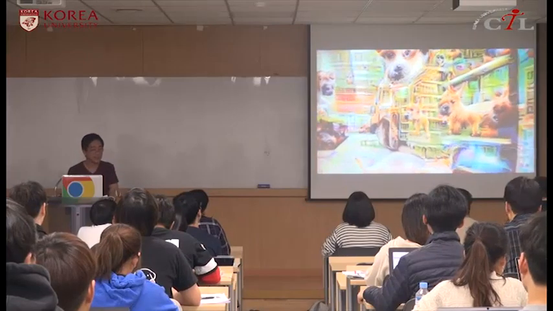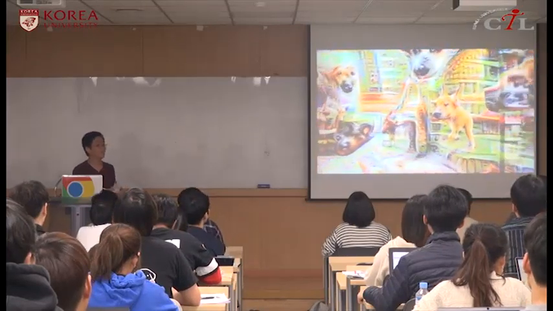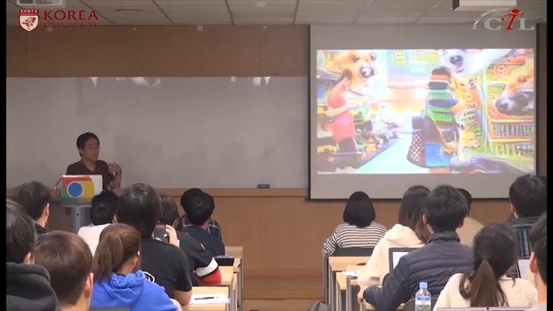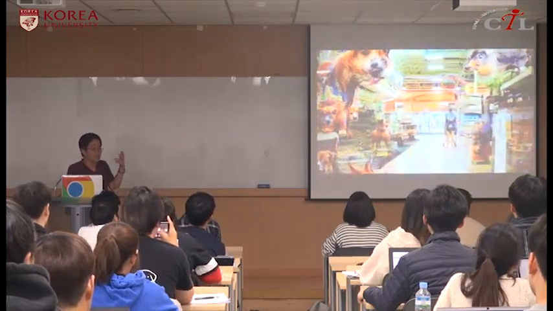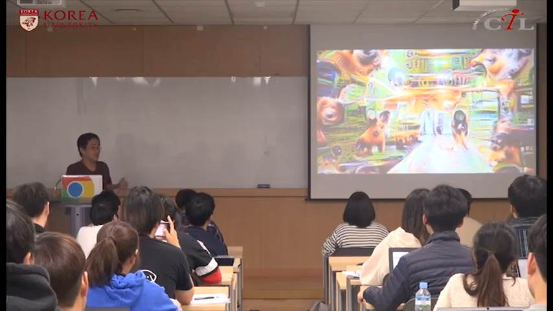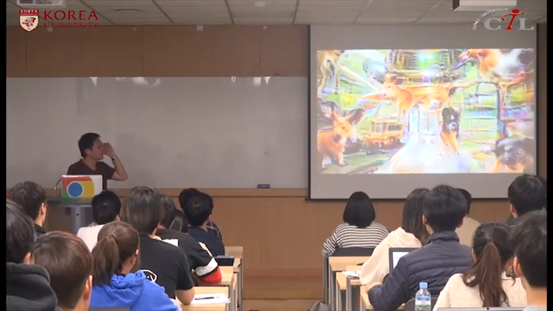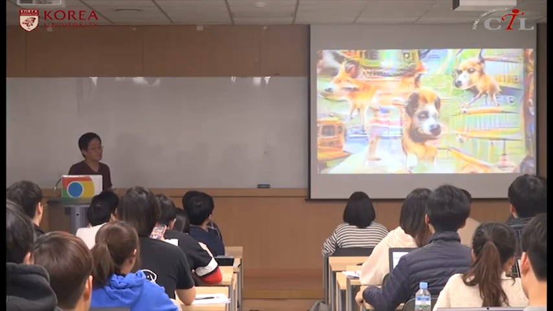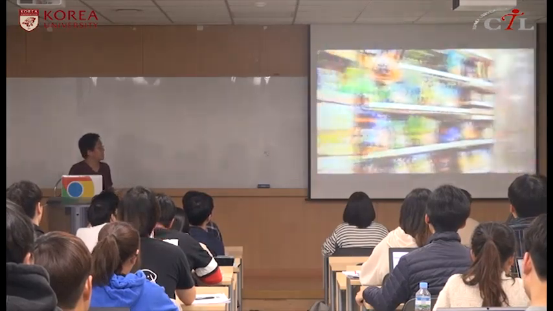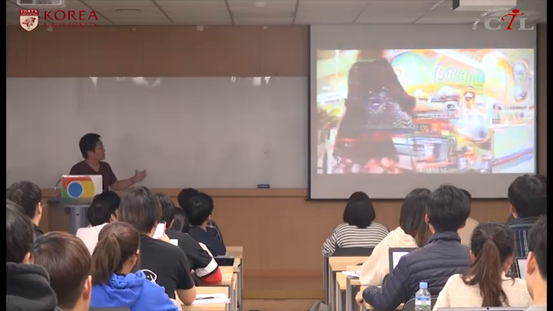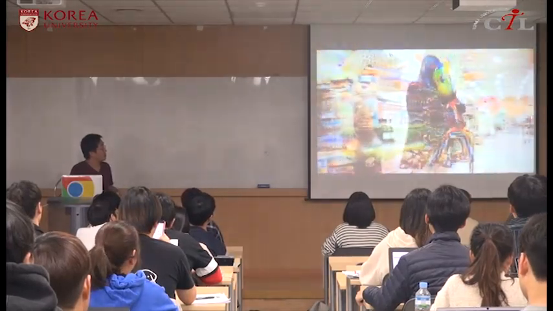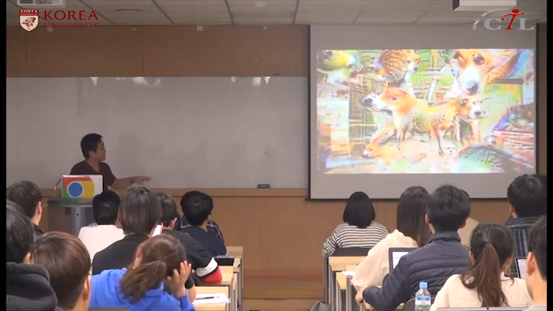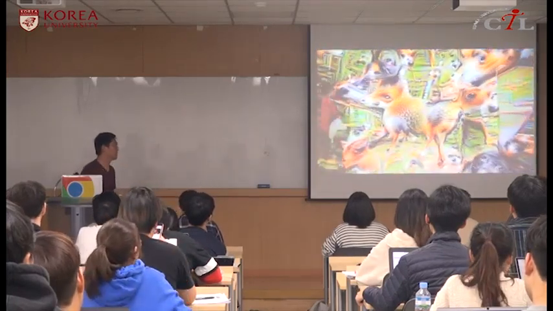This is a technique called Deep Dream, which shows what the deep learning model would imagine or dream given a particular image. This is just a video, a sequence of images of grocery shops, and the deep learning model is dreaming that there are some dogs or cats somewhere in this grocery store.